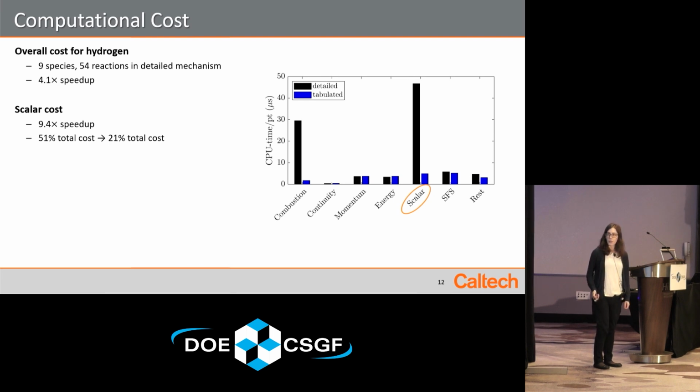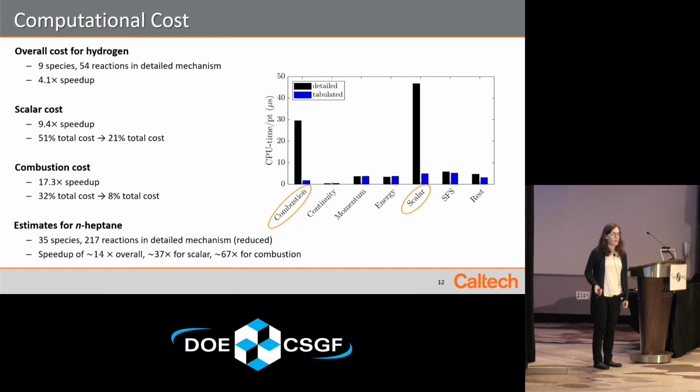The other area where we see a big decrease is in combustion, which is where we compute all of the chemical source terms for all of the reactions in the detailed mechanism. Whereas when we do the tabulated chemistry simulation, we reduce that to a simple table lookup. So it's much cheaper, over 17 times speed up there.